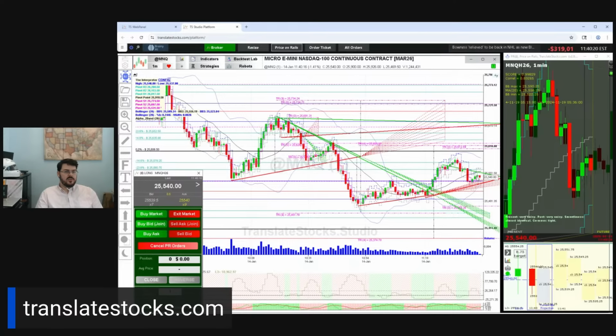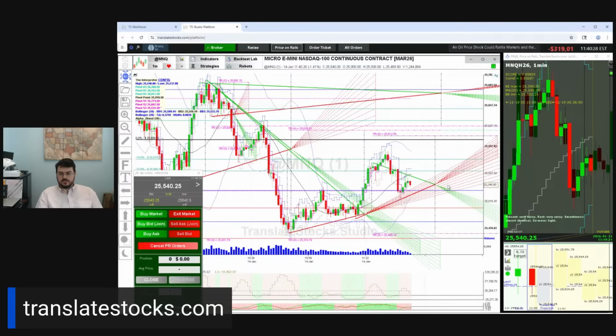Okay, we have a new triangle there. Let me open a little bit more space. A new triangle is not a beautiful triangle. We have this top here that the system is avoiding.